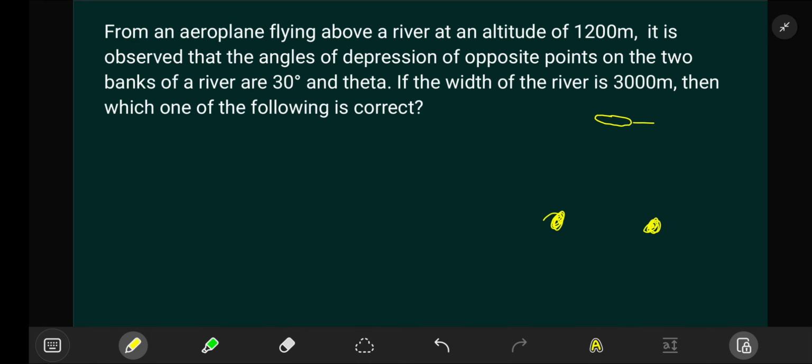Now what they are saying, take some distance. Now this is the one bank, this is the another bank, and this is the river center point. This height they are saying 1200 meters.